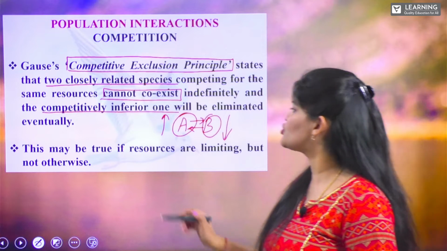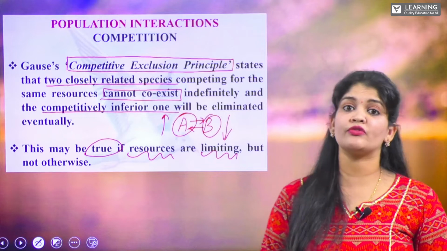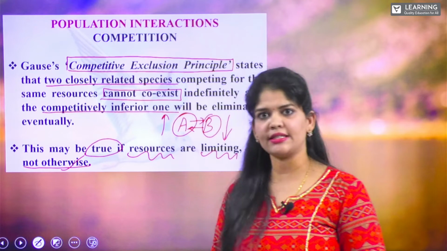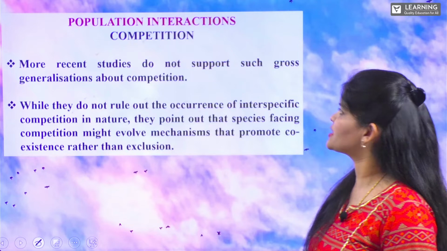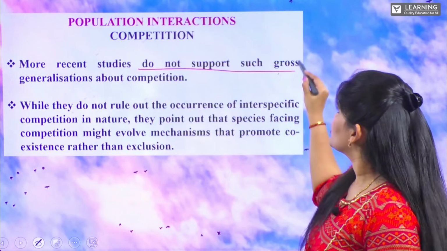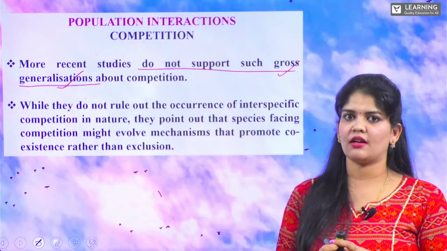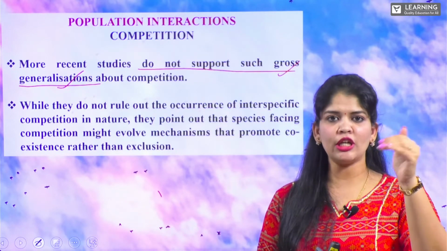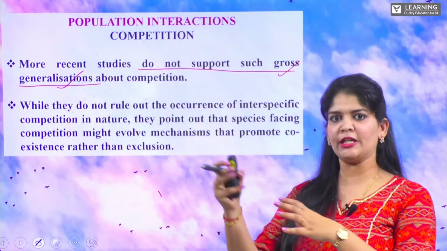This may be true if the resources are limited, but not otherwise. Let's see if the resources are available in plenty. More studies do not support such gross generalizations. What he is telling is that the superior competitive species will grow, which leads to the reduction and elimination of the inferiorly competitive species.